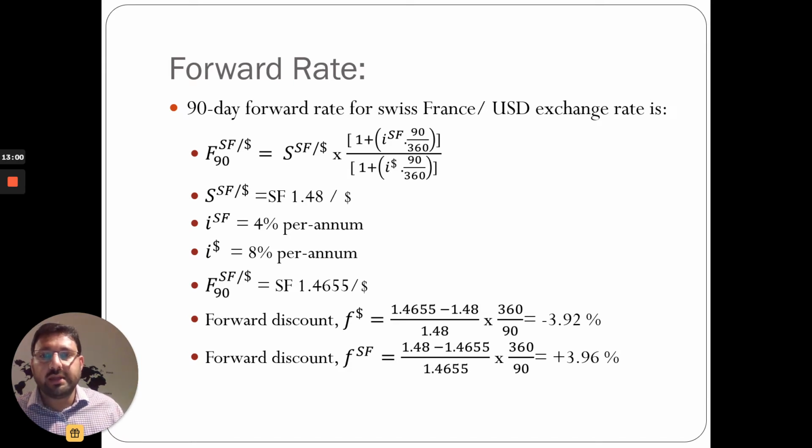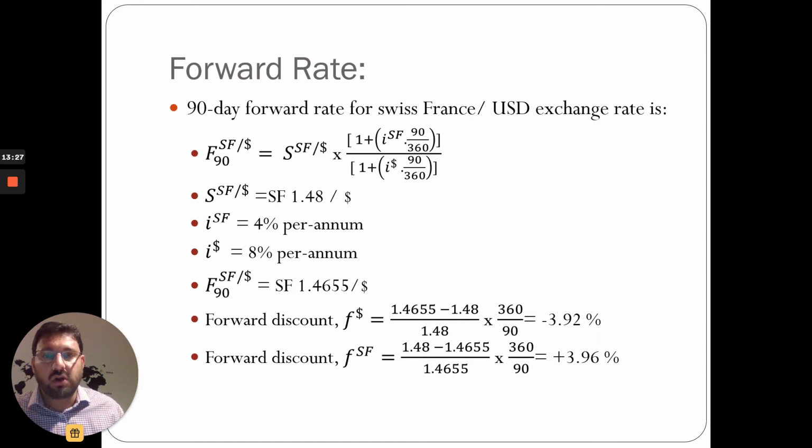In the spot rate, you will be plugging in 1.48, times 1 plus the interest rate, which is 0.04 in decimal, times 90 divided by 360, whole divided by 1 plus the interest rate of the US dollar, which is 8%. In decimal, it's 0.08, times 90 divided by 360.